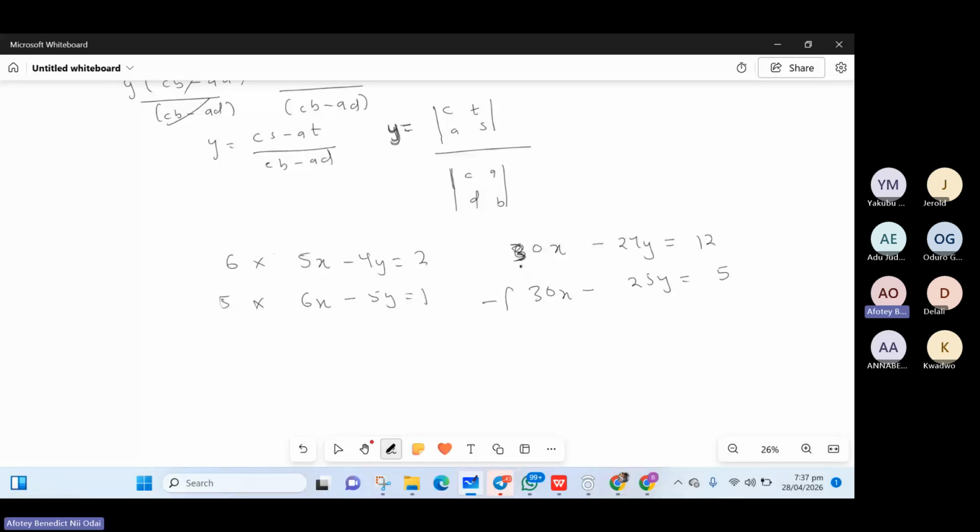We find the subtraction, and we get y is equal to 7.